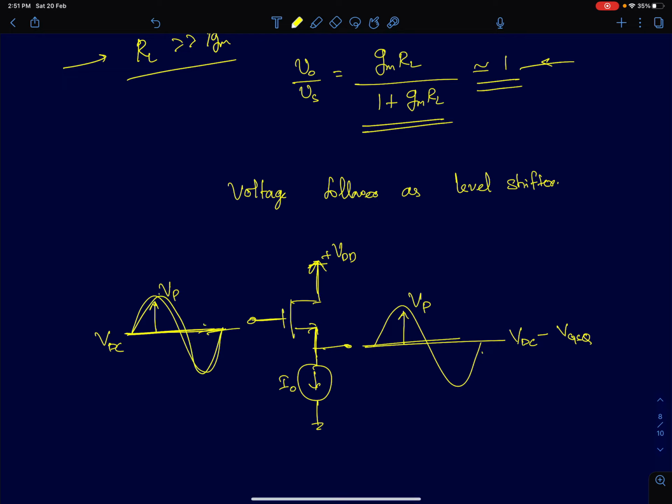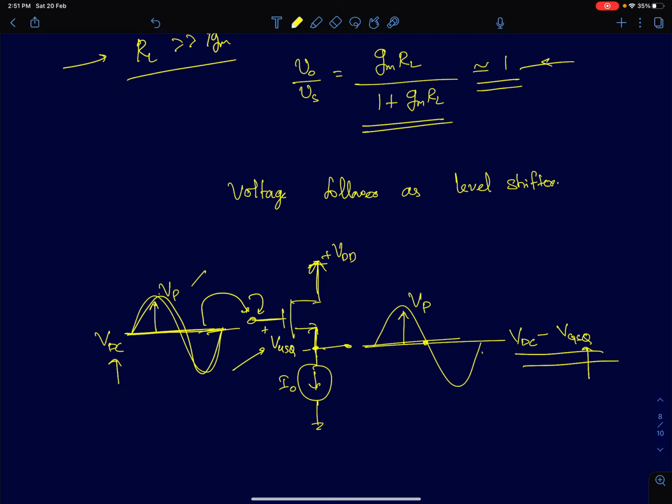So if I feed this AC signal with a DC content to a common drain amplifier, the output voltage is going to be whatever the gate voltage is minus the VGSQ. The DC voltage is going to be VDC, the input DC, minus VGSQ. VGSQ is the quiescent voltage of the NMOS transistor here.